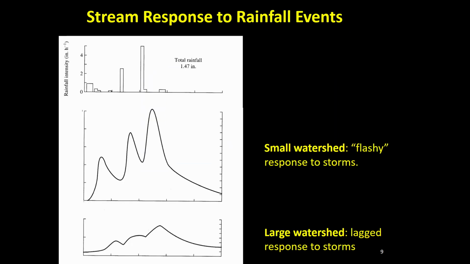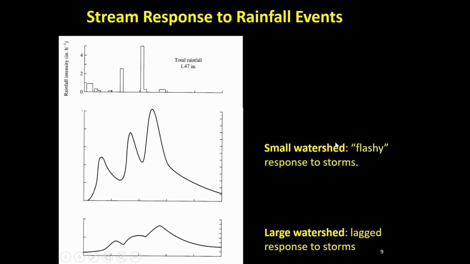So you already know stream response means the runoff hydrograph relative to a rainfall hyetograph. And so conceptually speaking, a flashy watershed is one where there's an immediate response to a pulse of rainfall. So you have a pulse of rainfall, and a period of time later there's a distinct peak in the runoff.